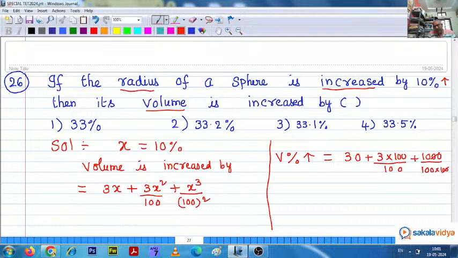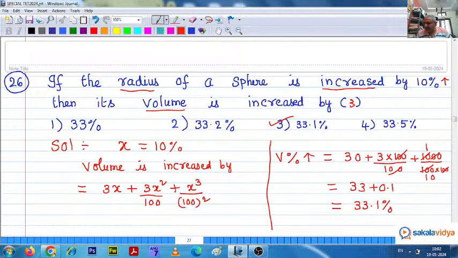So 2 zeros, so this will be 1 by 10. 100 cancel, so we have 30 plus 3, 33, plus 1 by 10 means 0.1. So this is equal to 33.1%. So third option is the right option.